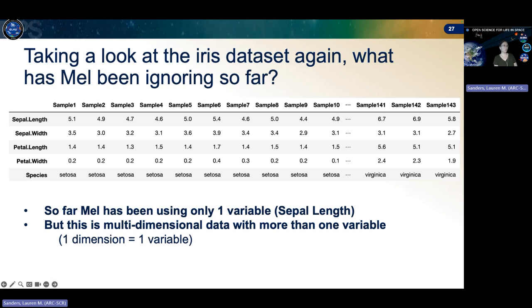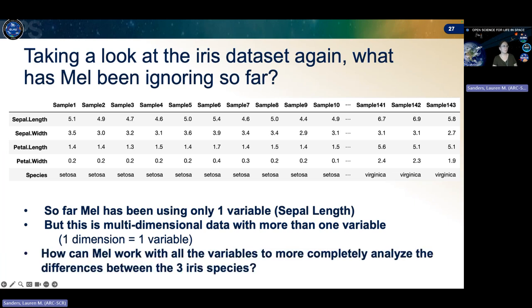So it has more than one variable, where when we say multidimensional, one dimension in that phrase means one variable. So how can Mel start to work with all of these different variables, not one at a time, but merge them, combine them all together to more completely analyze the differences between the three iris species? So not just sepal length, but how do these species differ in terms of sepal width, petal length, petal width, to paint a more complete picture of what's going on.